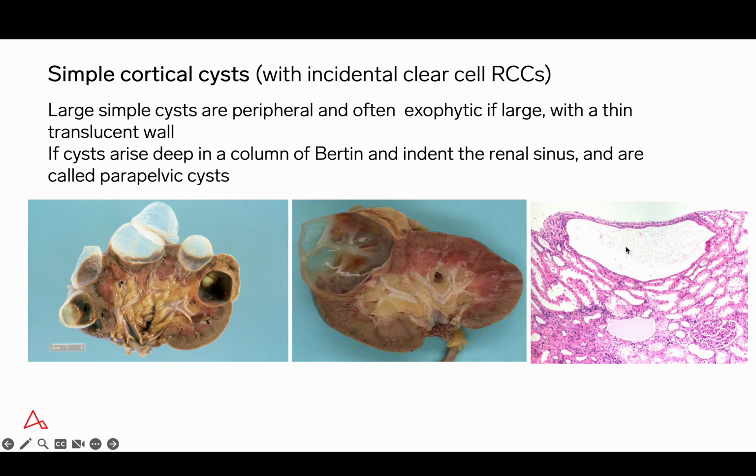The photograph on the far right simply is a nephrectomy specimen in which the subcapsular surface is out here, and we can see a small simple cyst with a very attenuated subcapsular portion, which correlates quite well with the very translucent nature of the cyst we can see in the gross photographs.